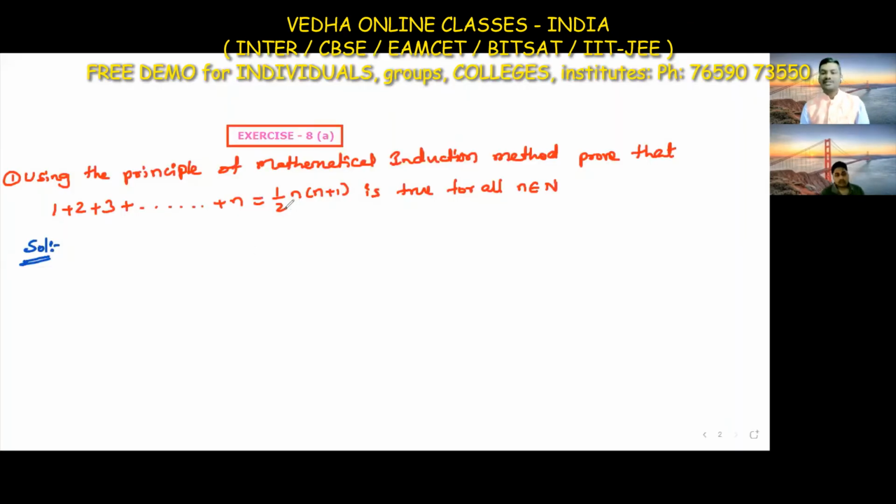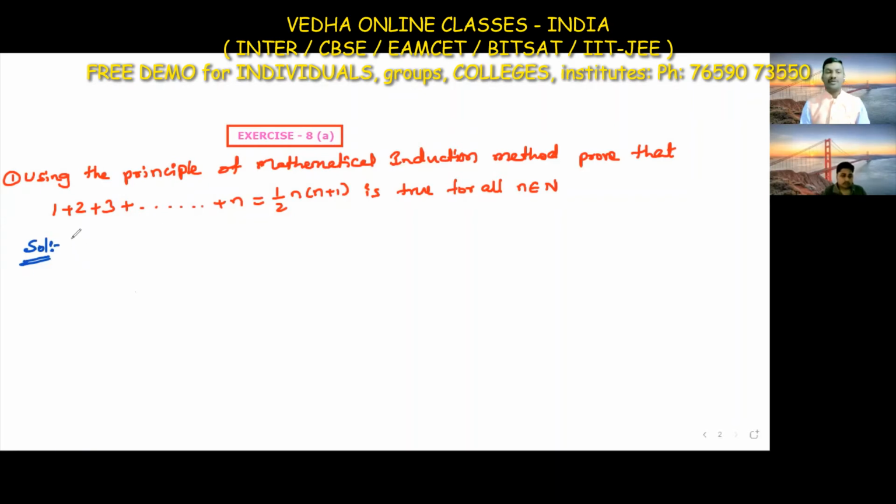So in exercise 8a, we have the first question. Using the principle of mathematical induction method, prove that 1 plus 2 plus 3 and so on up to n is equal to 1 by 2 into n into n plus 1, true for all n belongs to N, for all the natural numbers.